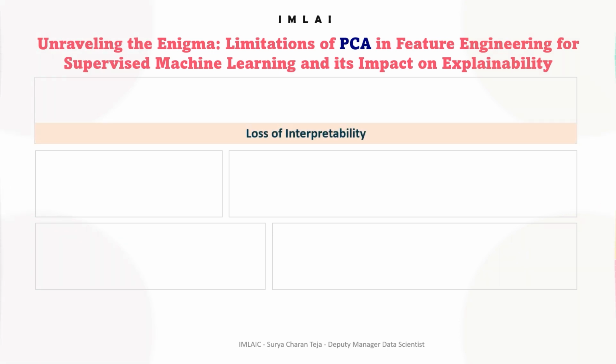The first one is loss of interpretability. PCA transforms the original features into principal components, which are linear combinations of the original features. As a result, the interpretability of the transformed features is lost.